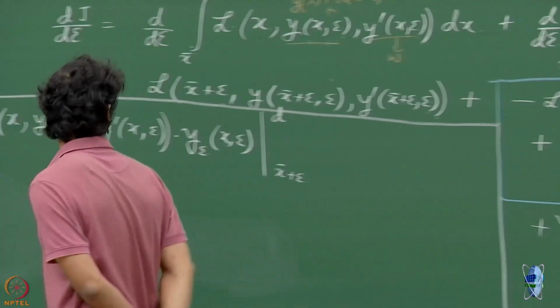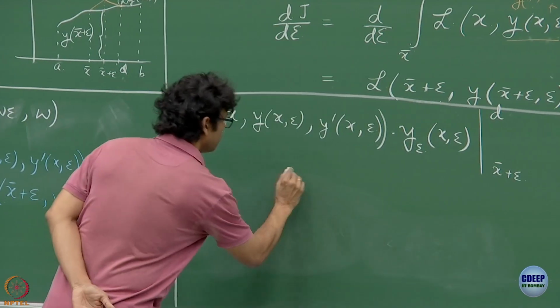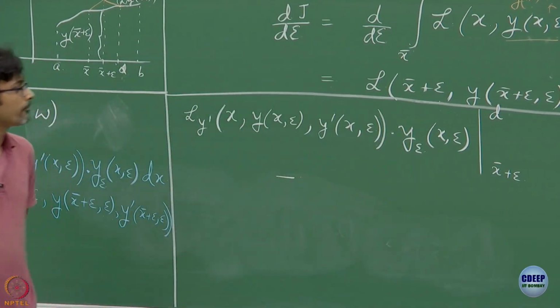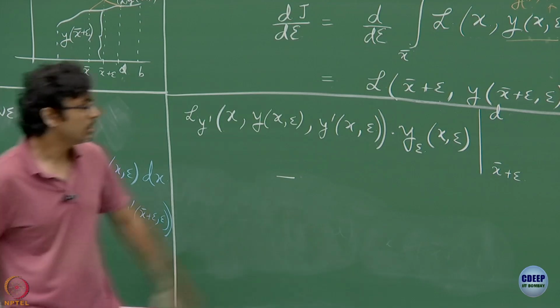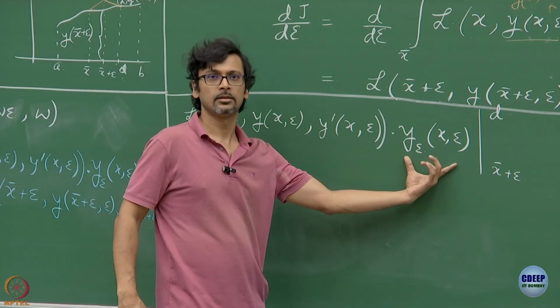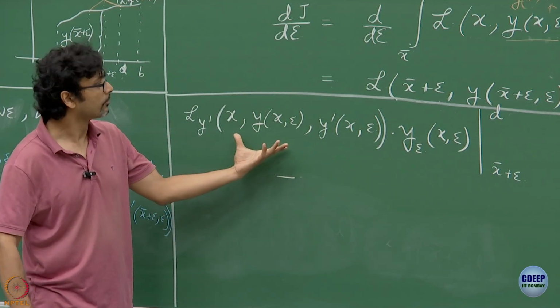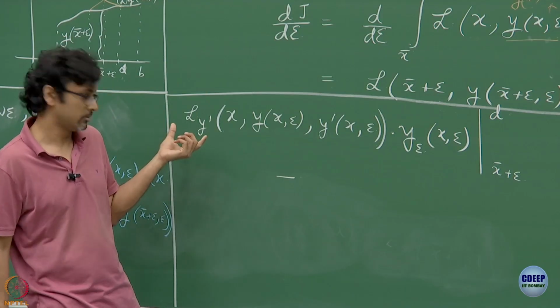What's v du? Minus, what is v? This du. So d/dx of this whole thing, right?